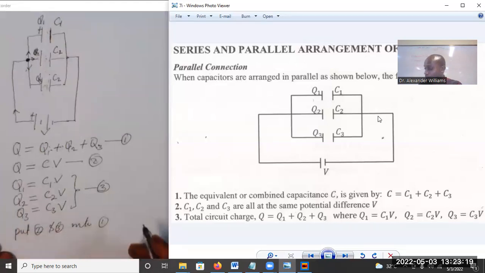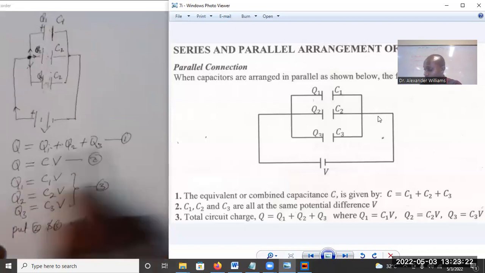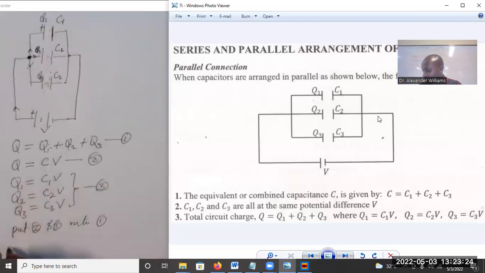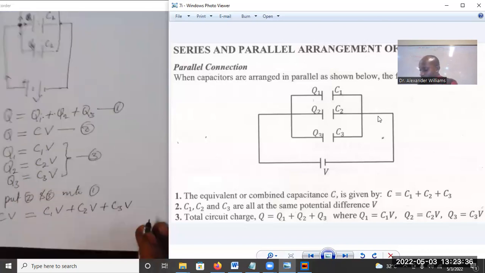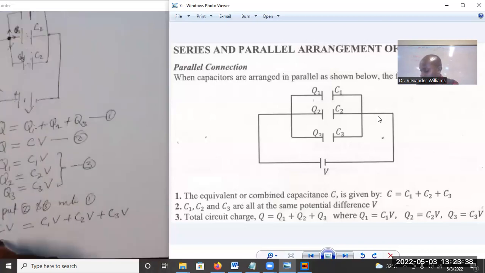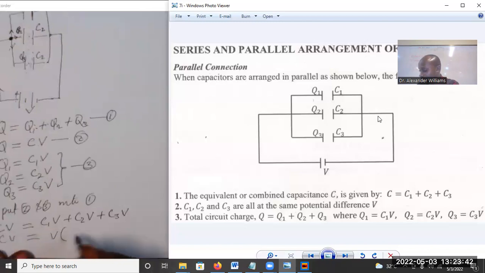Equation 1 can now be expressed as CV equals C1V plus C2V plus C3V. And then V is common, so we factor it out: V times C1 plus C2 plus C3.